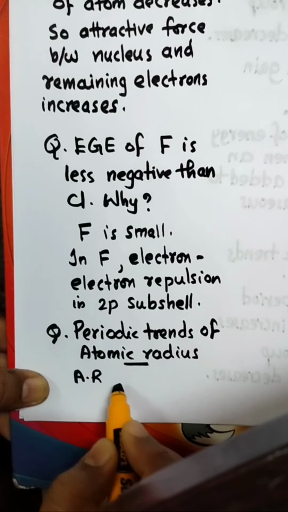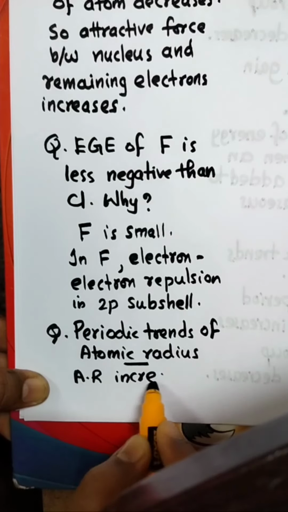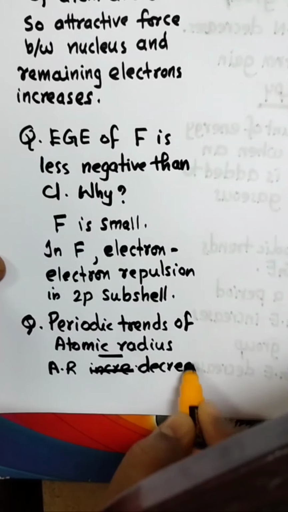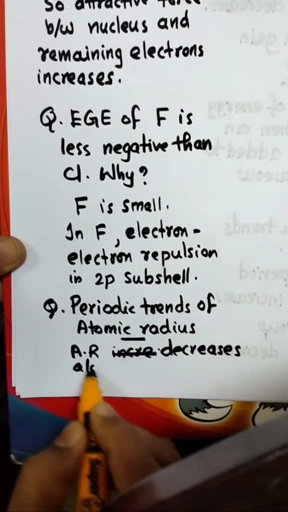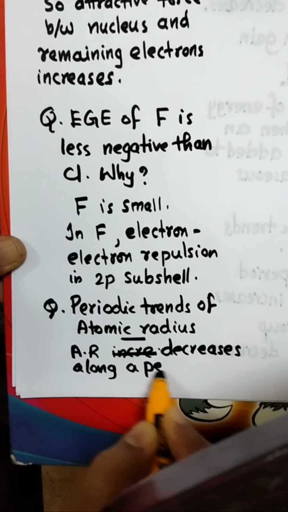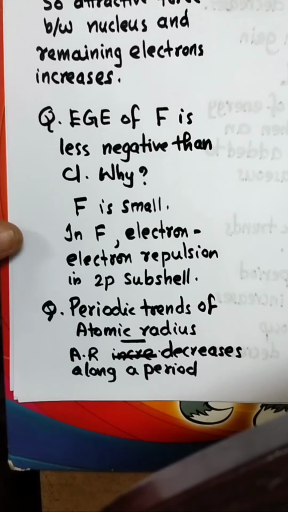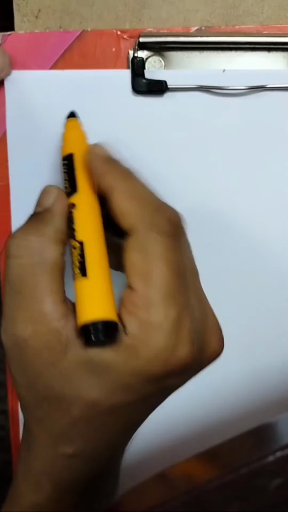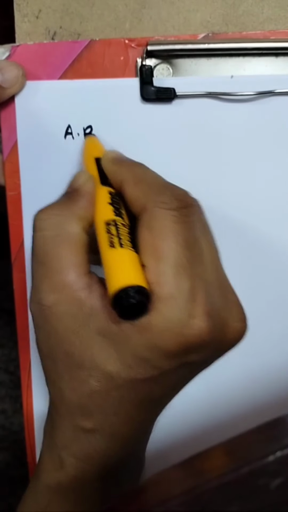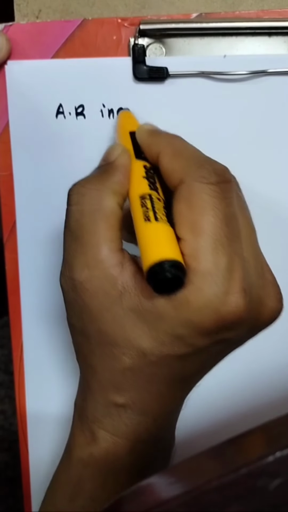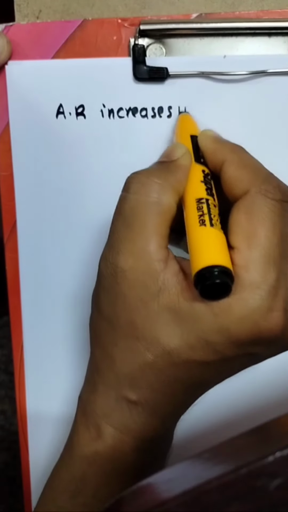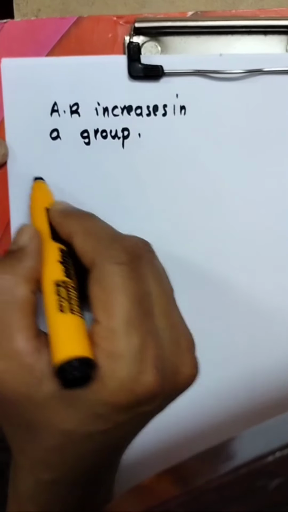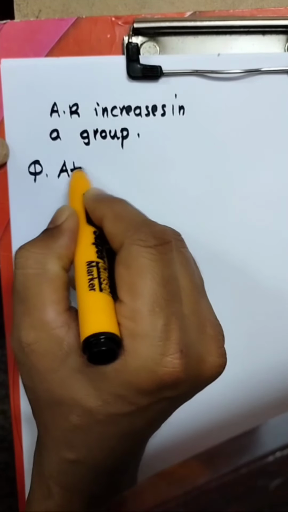Atomic radius decreases along a period. And atomic radius increases in a group.